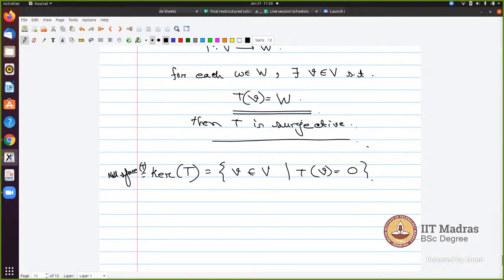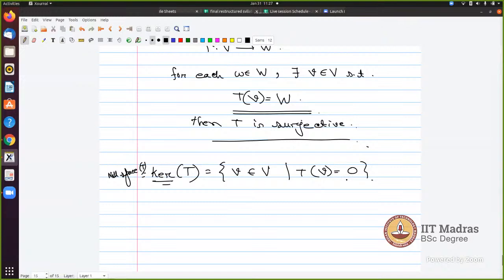Why is it called kernel if it's the same? There is no particular reason for calling it kernel. Null space or kernel are basically the same thing. Kernel means the set of all vectors which are going to 0, by definition.